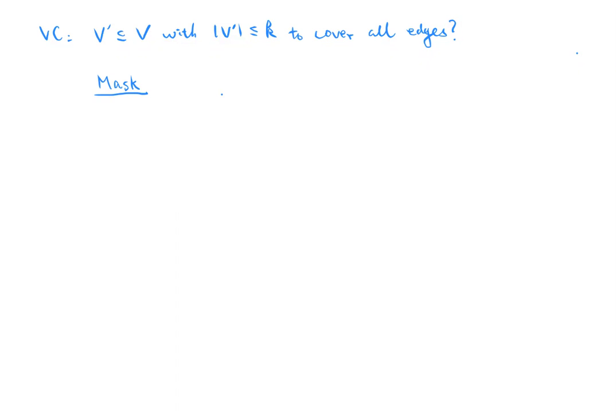But suppose 2 persons are in contact, and it's sufficient to protect both of them if 1 person wears a mask. Then the problem is really a vertex cover problem. If 1 person wears a mask, that will protect both people. Then if we know how people interact, the problem is really a vertex cover problem.